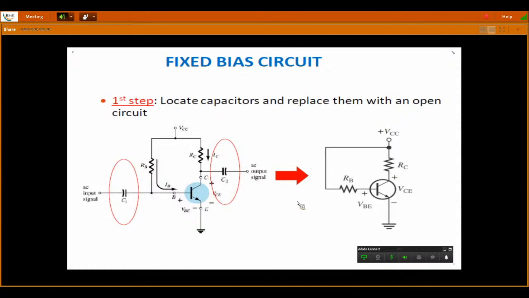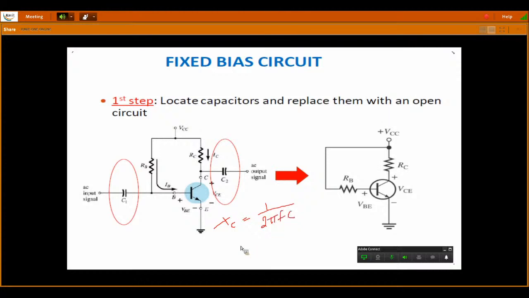Now while doing the DC analysis, the DC signals have a frequency of 0, hence the reactance offered by the capacitor, Xc equals 1 by 2 pi Fc, where F is 0, is infinite. So the reactance offered by each capacitor is infinite.